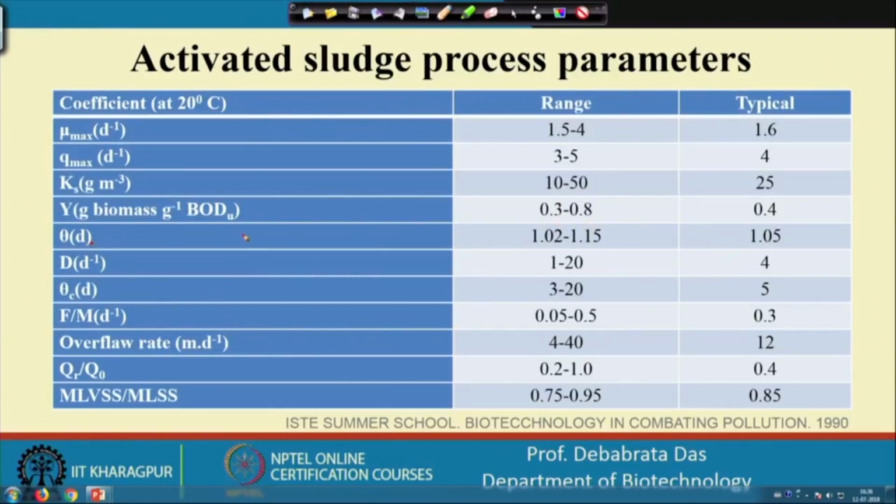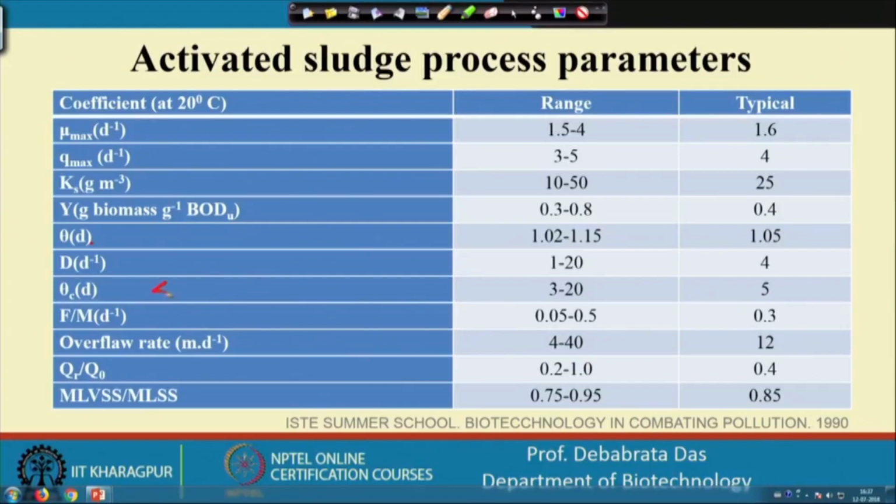The hydraulic detention time is 1.02 to 1.15, and d is the dilution rate. Then theta c is what we call the solid detention time.